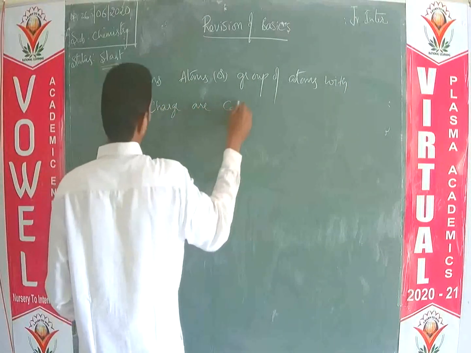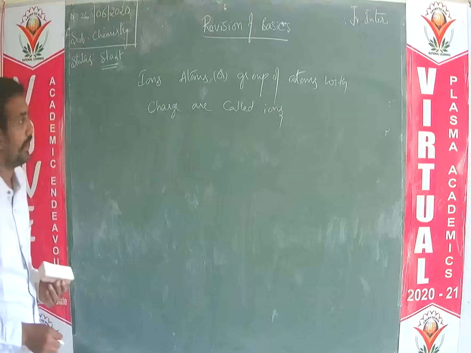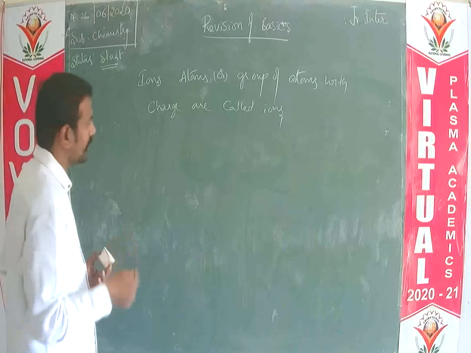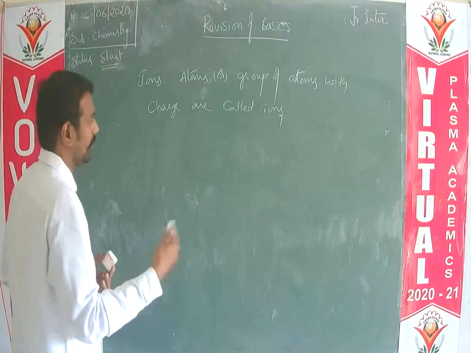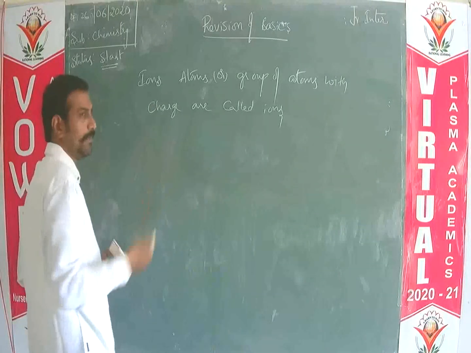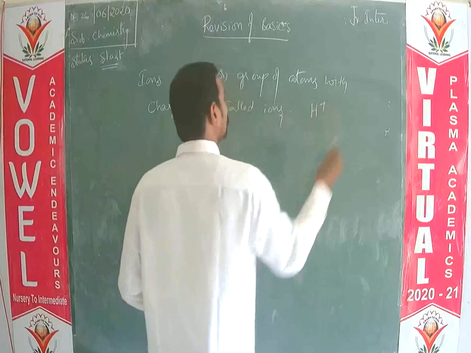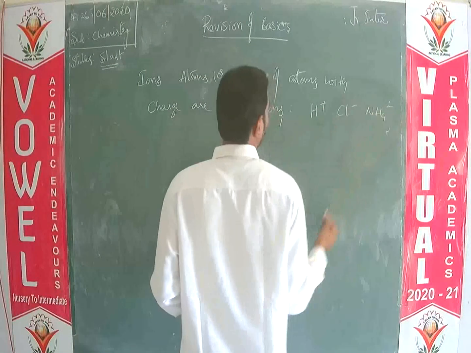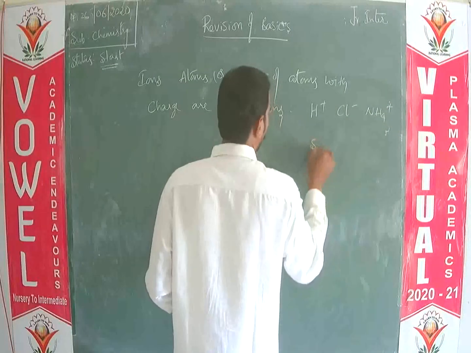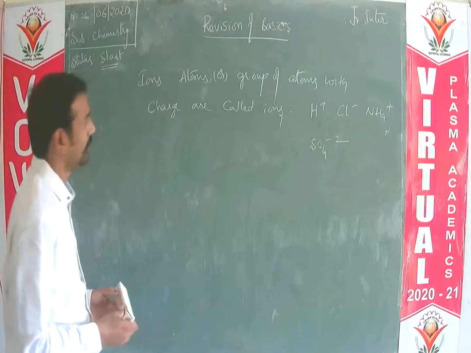Ions are of two types, we will discuss them. Any one example for ions? Yes, it is H plus, Cl minus, NH4 plus, SO4 minus 2. All these are examples of ions.